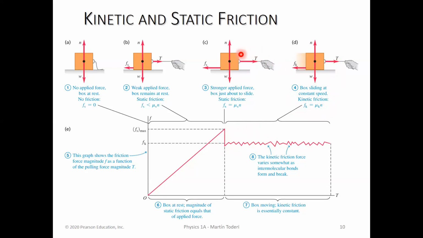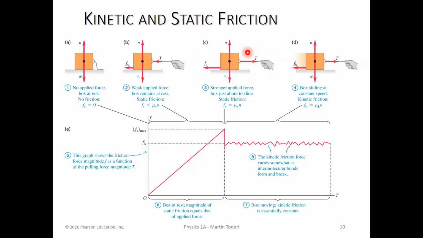If we keep pulling with the tension equal to the maximum static friction that we had before, in terms of modulus, then we will start accelerating the object. Just think about that.